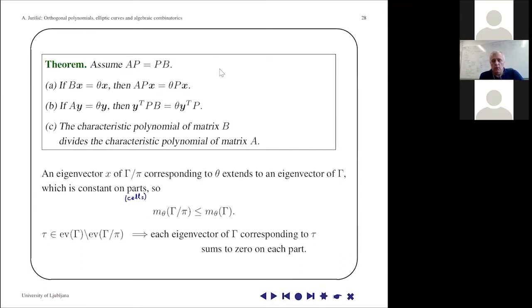And we can do a similar trick also for the eigenvalues that don't belong to the quotient. The only condition on the eigenvector is that it has to be non-zero, so that means that if the eigenvector of the original graph is not an eigenvector of the quotient, it has to sum to 0 on all the cells.